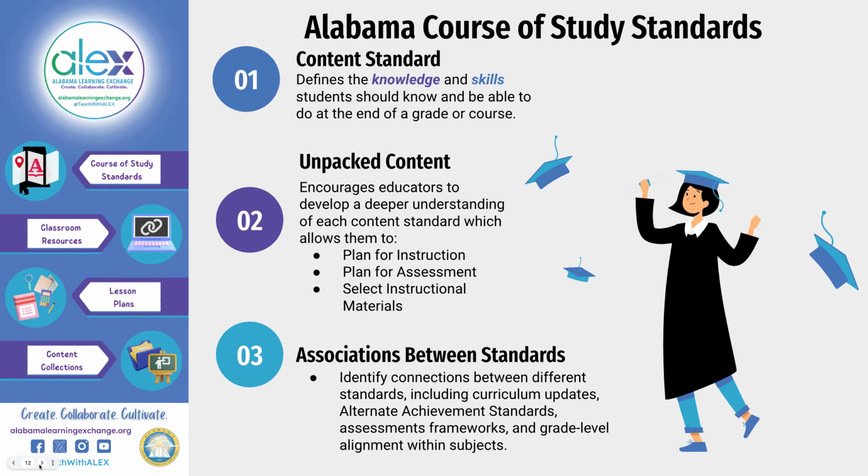We have the alternate achievement standards available on ALEX and their association to the general education standards. We have assessment frameworks like NAEP and ACT, and we have how those are associated to our Alabama course of study standards. And we also have vertical alignments for some of the subject areas as well.